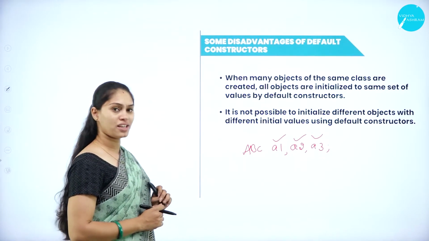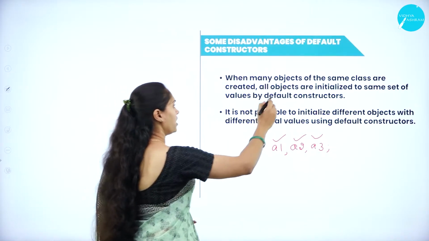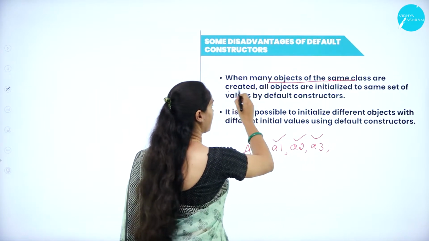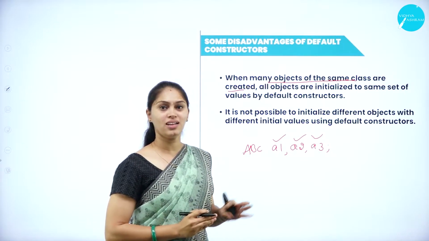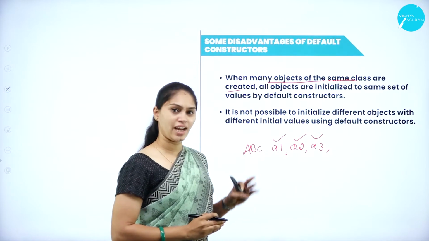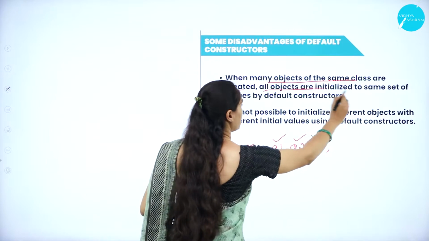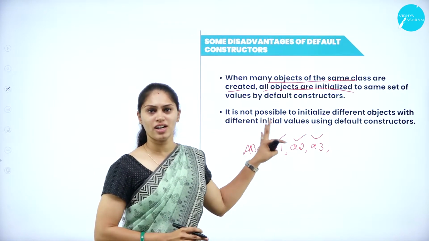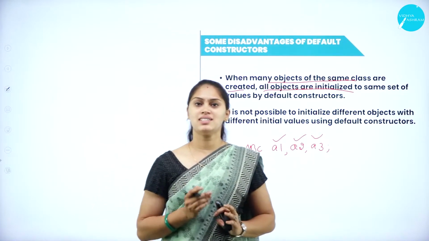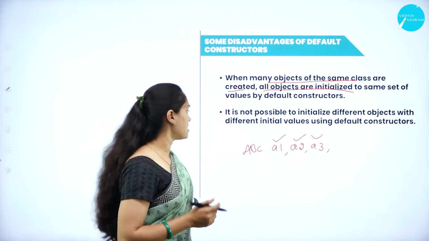Now we'll see what are the disadvantages of using this default constructor. If many objects of the same class are created, then all the objects will be initialized to the same set of values. With the help of this default constructor, I cannot initialize different objects with different values. That is one disadvantage.